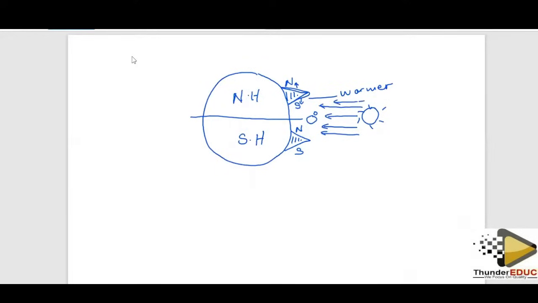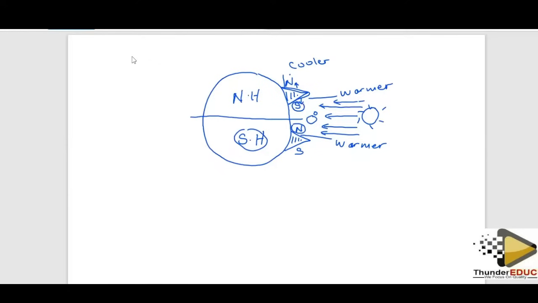Whereas the north-facing side is going to be a bit cooler due to the angle of the heat from the sun. If you look at the north-facing slope in the southern hemisphere, it is as well going to be warmer because it also receives direct heat from the sun. So meaning in the southern hemisphere, the north-facing slopes are warmer. And in the northern hemisphere, the south-facing slopes are warmer.